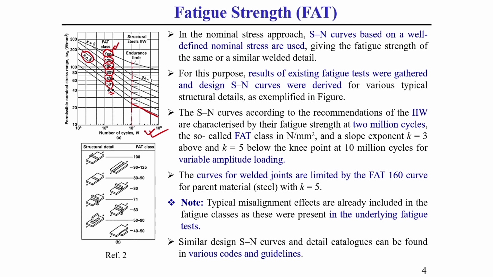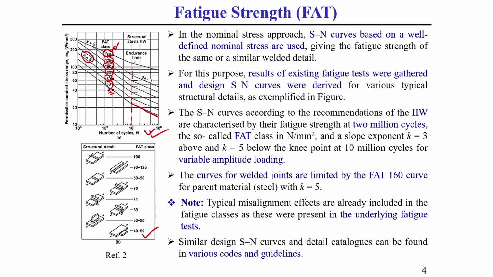Now, for different types of weld geometry, I am showing what this FAT value is, because it is a very important parameter for calculating fatigue life based on the nominal stress approach. I have already shown you the steps generally followed in the nominal stress approach.